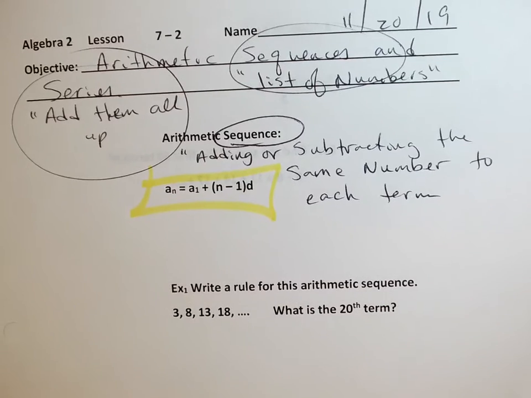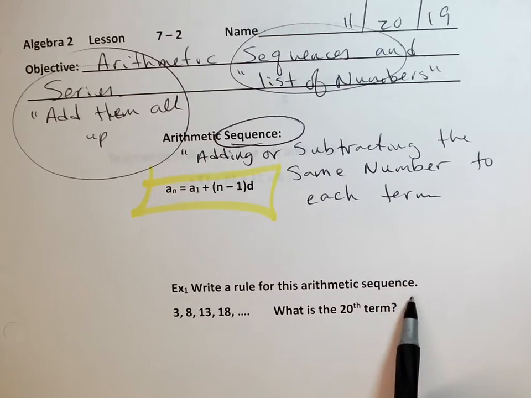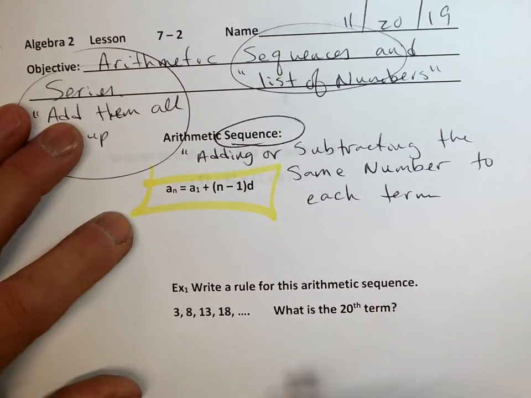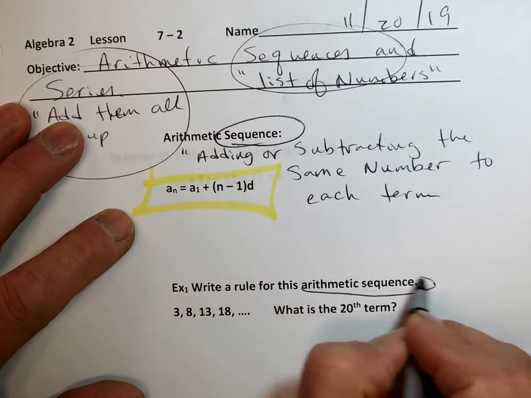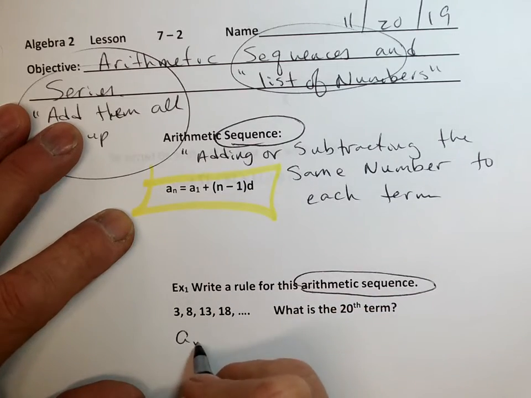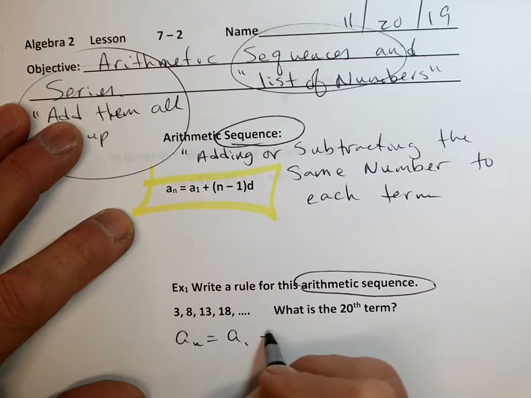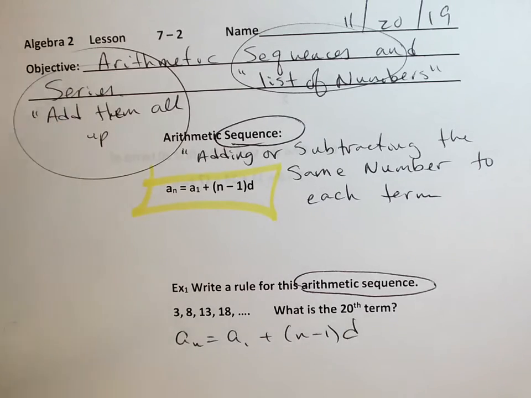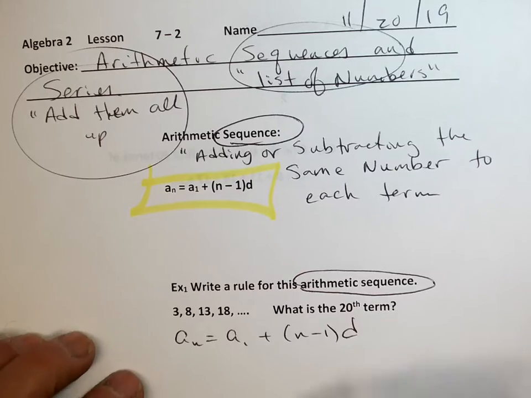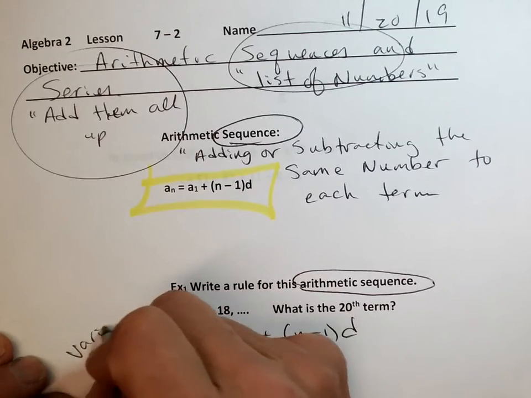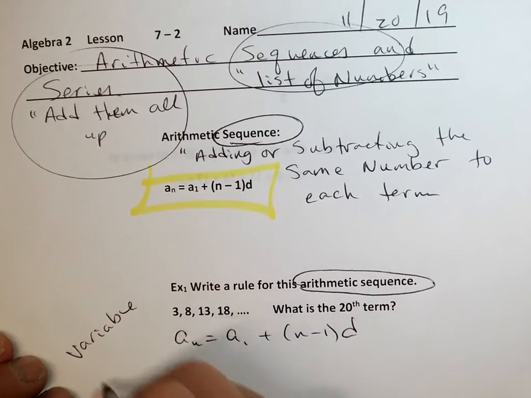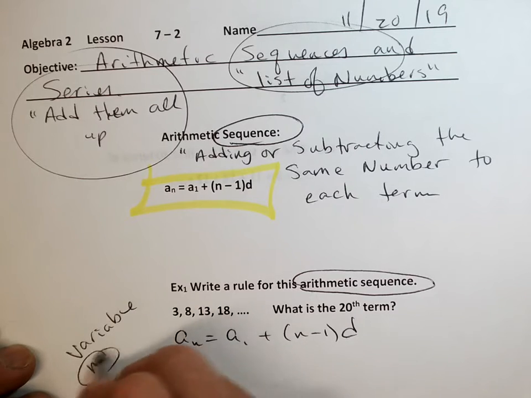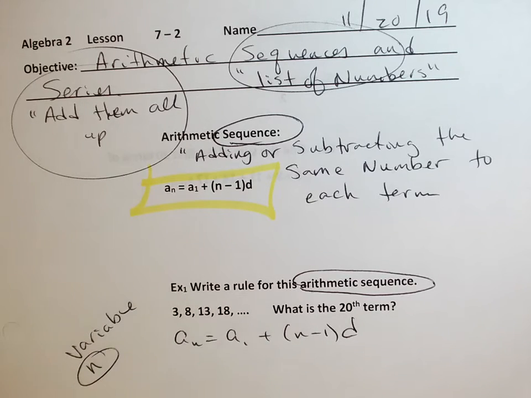So, example 1. Write a rule for this arithmetic sequence. We know it's an arithmetic sequence, so let's start off with A of n equals A1 plus parentheses n minus 1 times d. Now if I need a rule, I need a variable. Whenever you need a rule, like an equation, you need a variable, because we've got to have something to plug into.